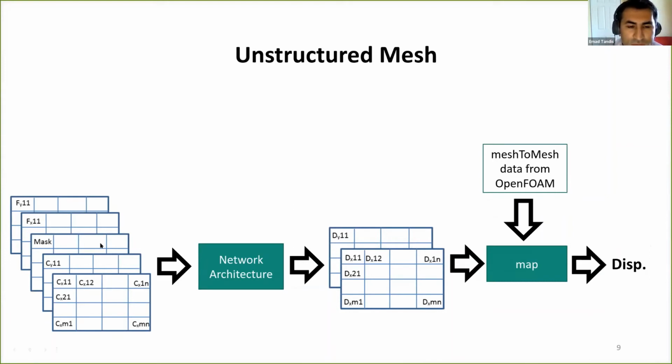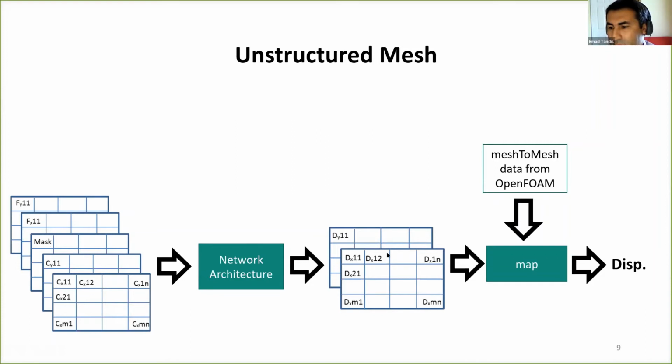For the Cartesian mesh, we define the input on the Cartesian mesh. The inputs are the coordinates of the cell and also a mask which defines the geometry, and also fx and fy which define the boundary condition, and we give them to some general convolutional network, and it gives us the displacement field on the Cartesian mesh.